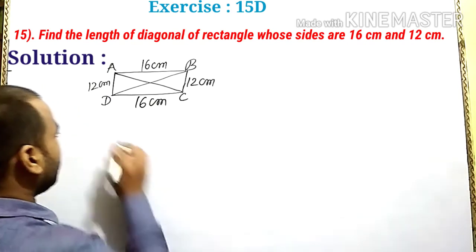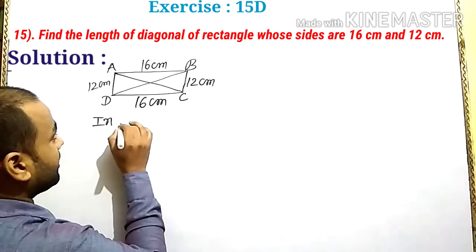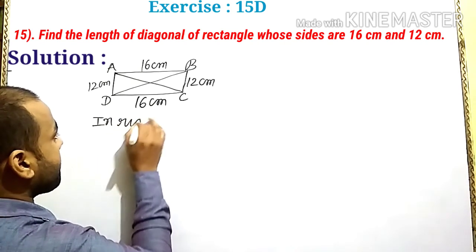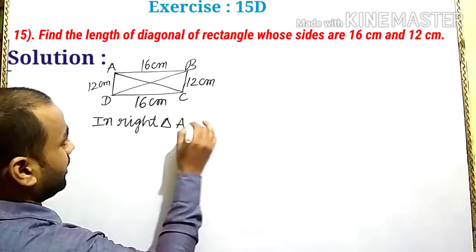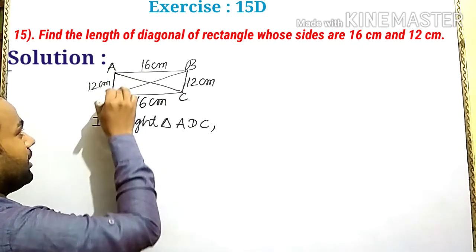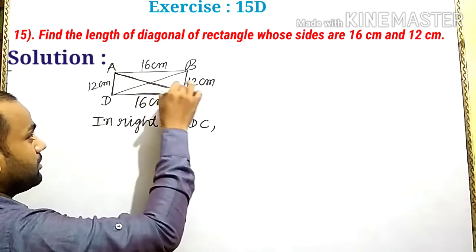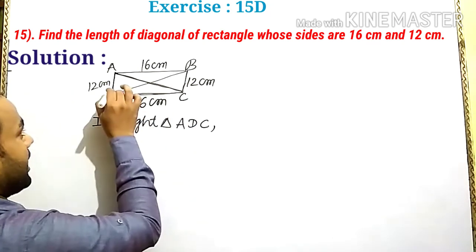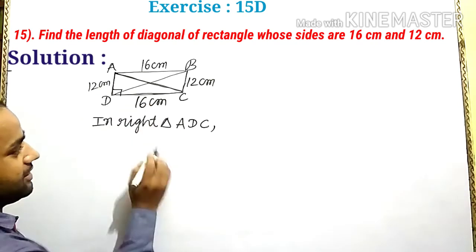So here take right triangle ADC, this triangle ADC. Here angle D is 90 degree, the hypotenuse here is AC.